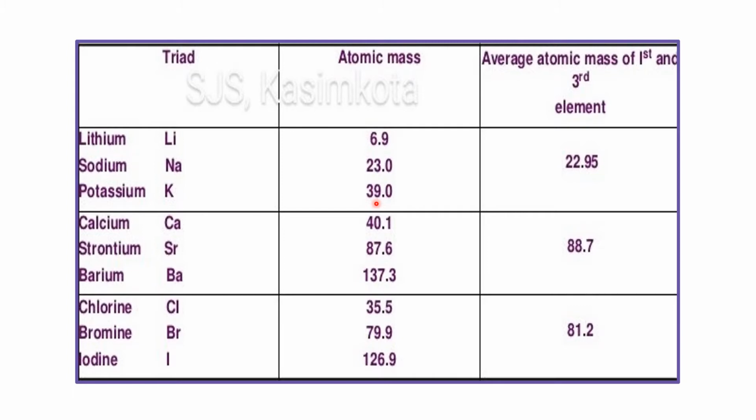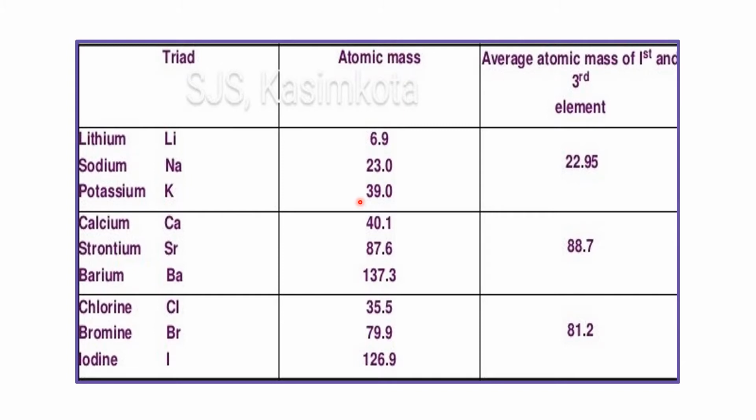According to the Dobereiner triad, the average atomic mass of the first and third element is equal to the atomic mass of the middle element, that is the second element. So here the average of lithium and potassium should be equal to sodium. Let's see, average of 6.9 plus 39.